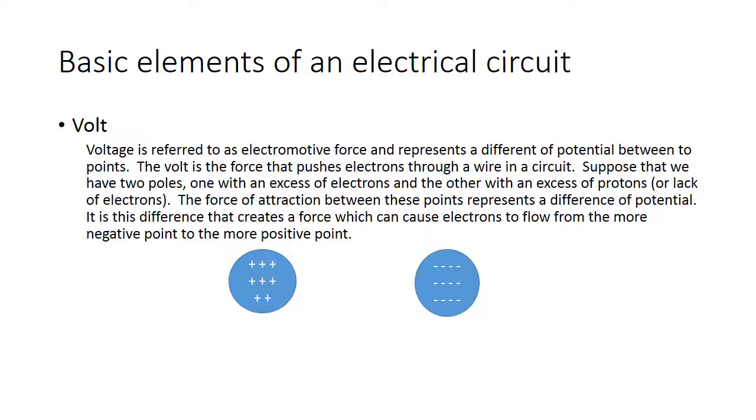If we were to measure the difference in potential between these 2 points, in other words, the difference in the number of electrons, that is the voltage, or the force, which causes electricity to flow.